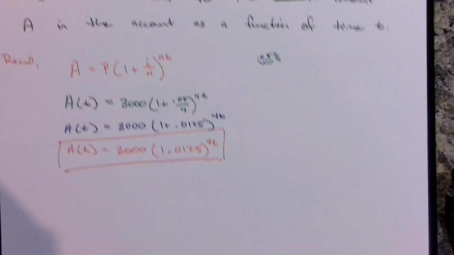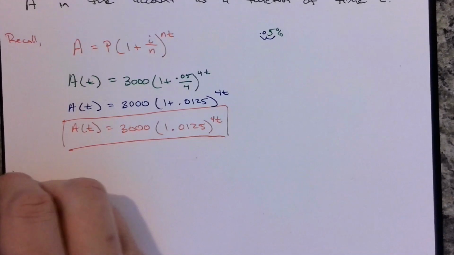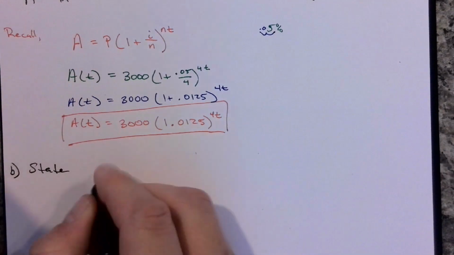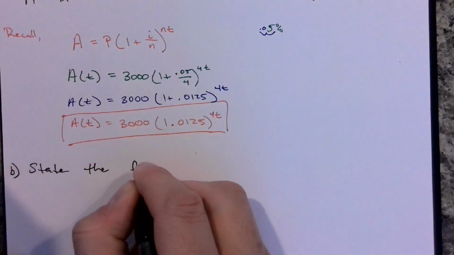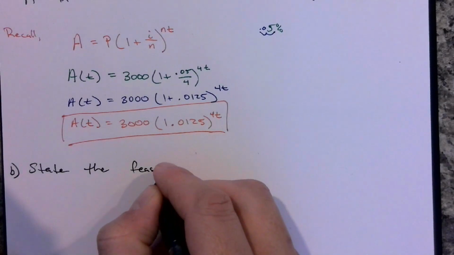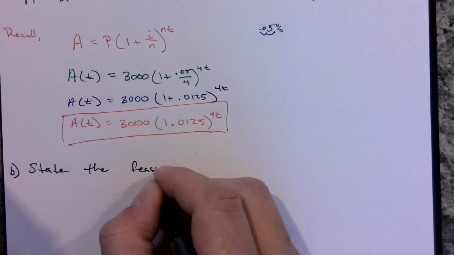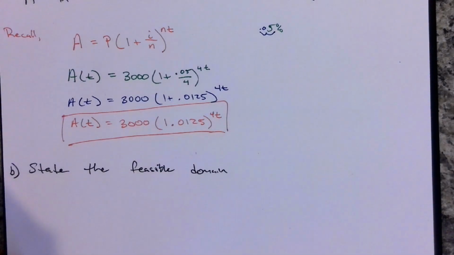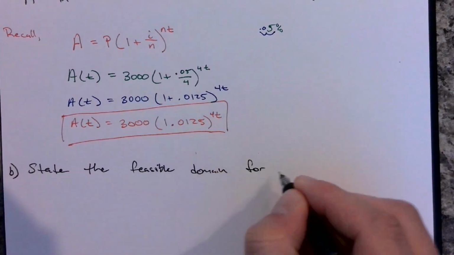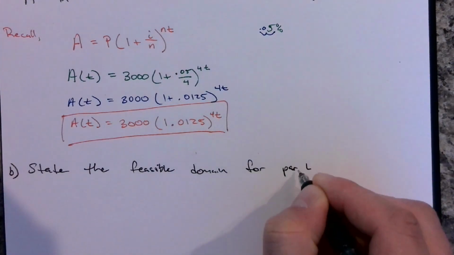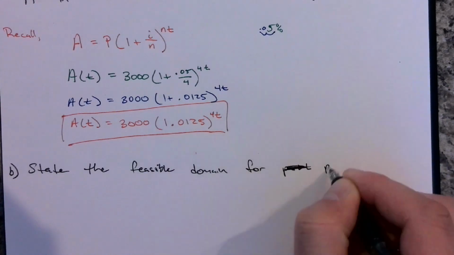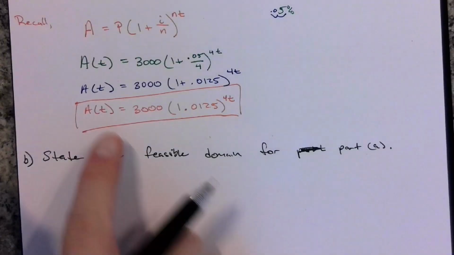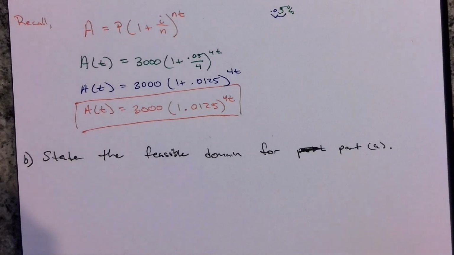Part B to this question, which is really why we're doing this. First part was just trying to give you a refresher. Part B is to state the feasible domain for part A. Now when I talk about domain here, my input value is t, just like our x values.